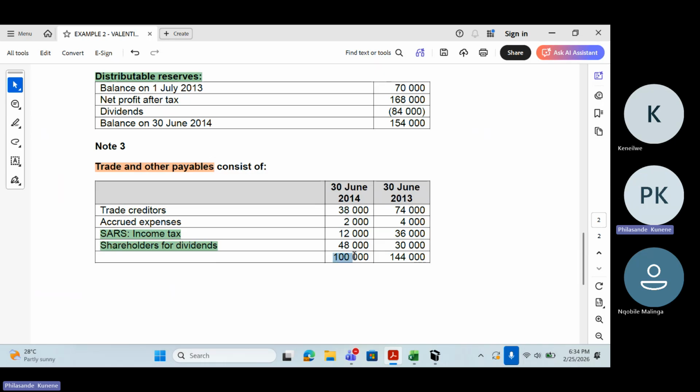Okay, so we can see the totals here: 144,000 in the previous year, 100,000 in the current year. But we know very well that we have these two amounts that we need to remove. So we need to calculate the new total, 74,000 plus 4,000.